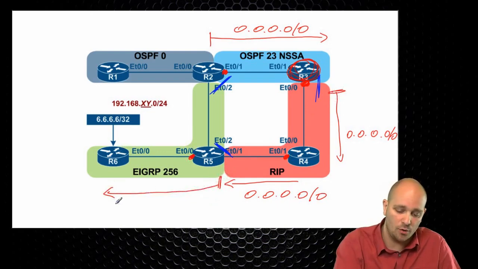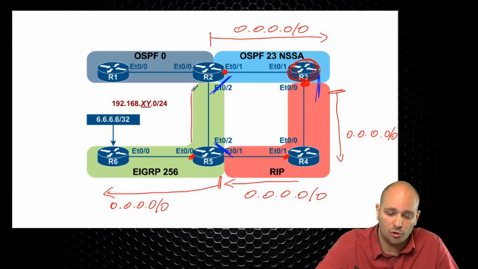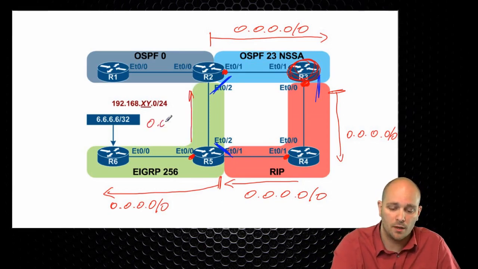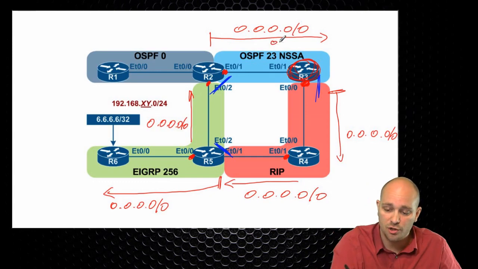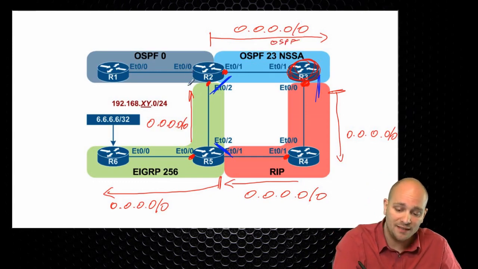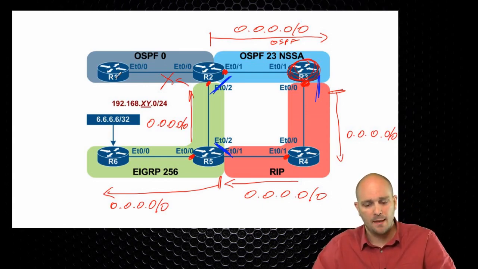So R6 is now going to have the default route with R5 as next hop. This route is also going to be advertised to R2. So R2 now has the default route with this as next hop. But mind you, this is an original OSPF route, which means that this default route will not be advertised to R1. Loop prevented. Well done.